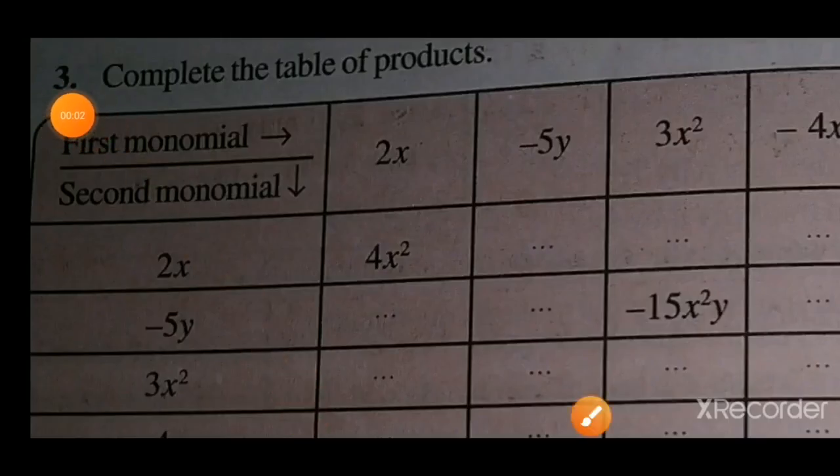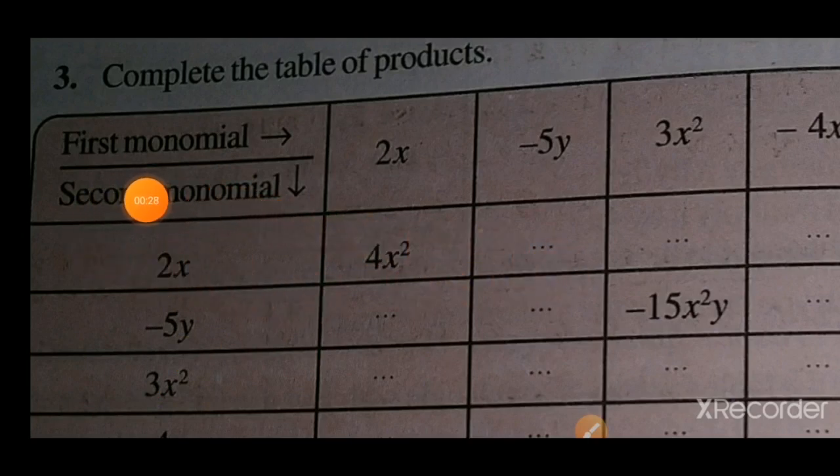Now the question 3, complete the table of products. First monomial in this row is 2x, minus 5y, 3x square, minus 4x and so on. And second monomial downward is 2x, minus 5y, 3x square and so on. So we are going to write the product of the first and second monomials in this particular table.